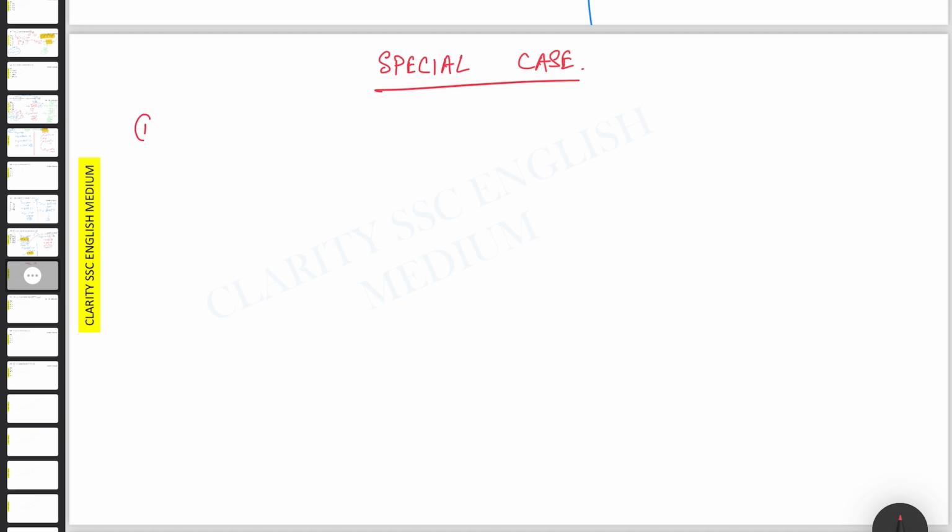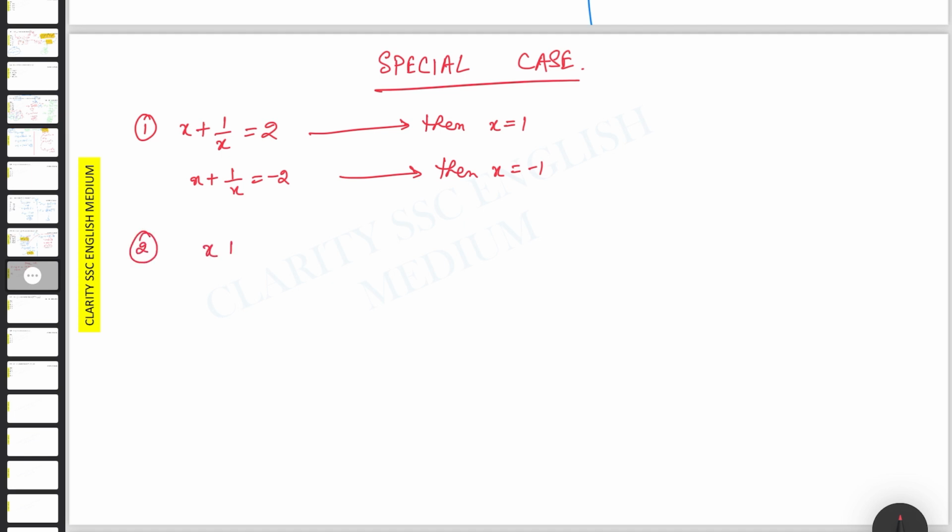The first one: if x plus 1 by x is equal to 2, then x is equal to 1. And if x plus 1 by x is equal to minus 2, then x is equal to minus 1. The second case: if x plus 1 by x is equal to 1, then x cubed is equal to minus 1.